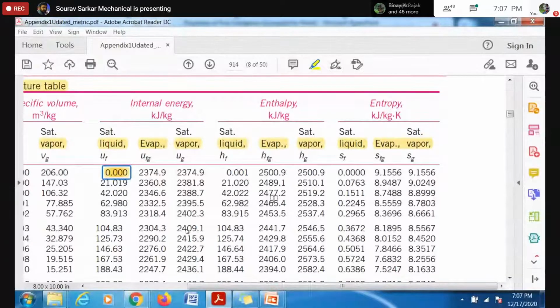But suppose you are staying at 200 degrees Celsius, you need less energy to convert into 200 degrees Celsius vapor. So that is the point I'm trying to mention: as you are elevating your saturation temperature, you need less amount of energy to convert into vapor. That is why the difference between these two lines is continuously converging. So this is the way you can physically understand it.